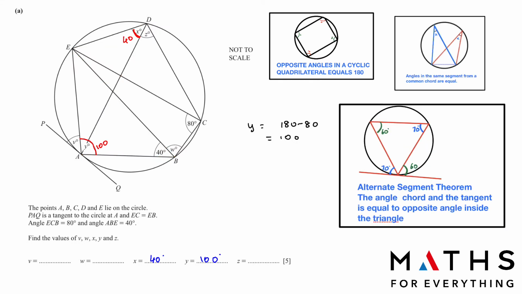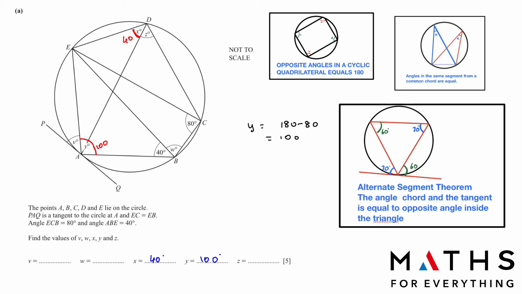The next circle theorem we are going to use is the alternate segment theorem. Now, if you have a triangle where all 3 points are touching the circumference, then there's a tangent outside. A tangent is a line that touches the circle at one place.